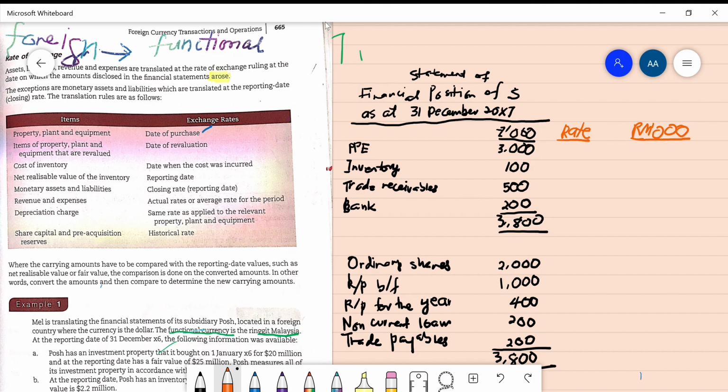Property, plant and equipment 3,000. So which rate are we going to use?